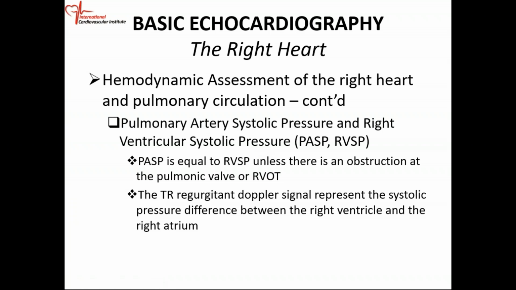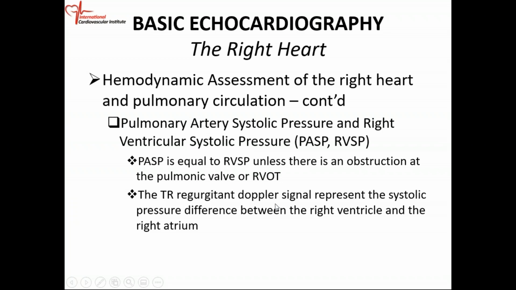We went over this when we did hemodynamics, so this is revision. Again, the right ventricular systolic pressure is equal to the pulmonary artery systolic pressure unless there is obstruction at the right ventricular outflow tract or across the pulmonary valve.